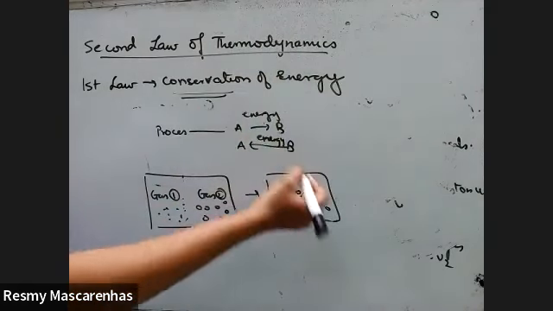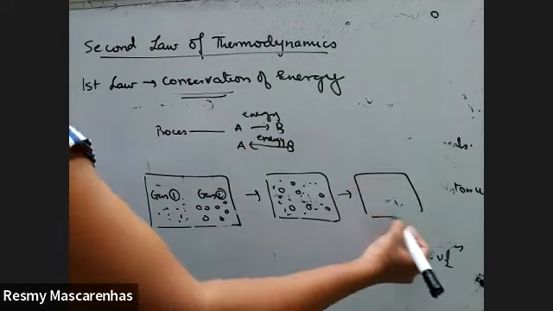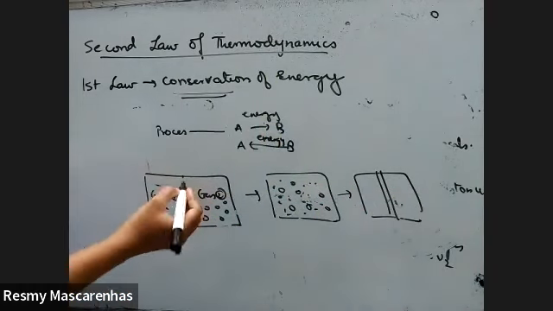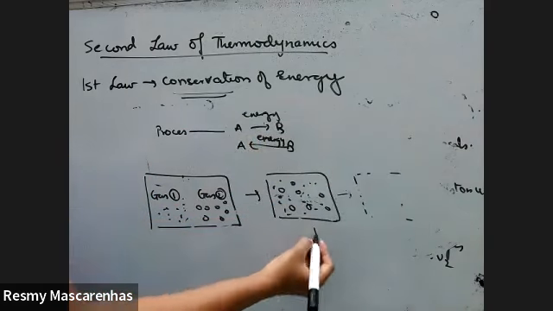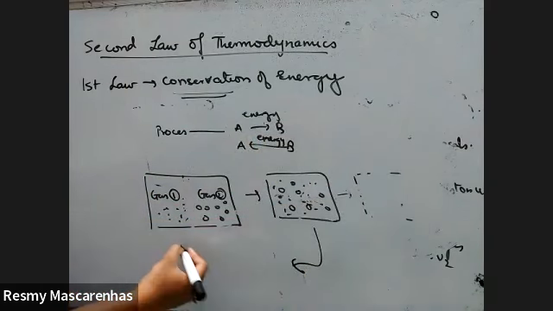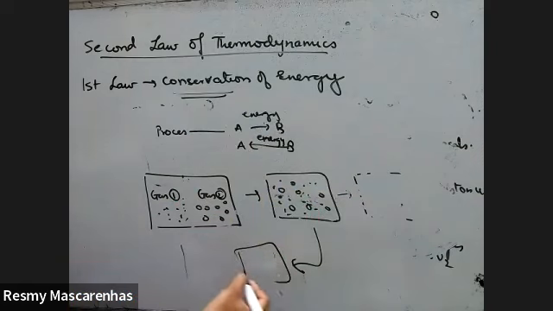Now, as per this law, how should it work? If I put back the wall, it should work in reverse also, no? Now everything is mixed. Will all the gases go back to their places? No, it is not possible to reverse.